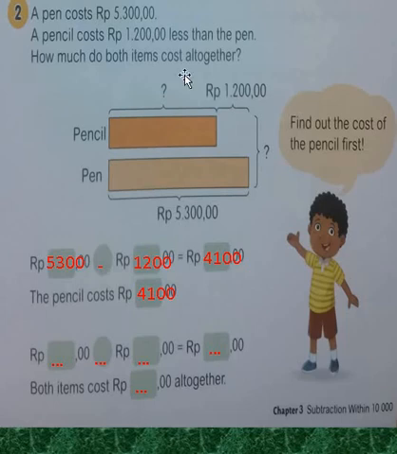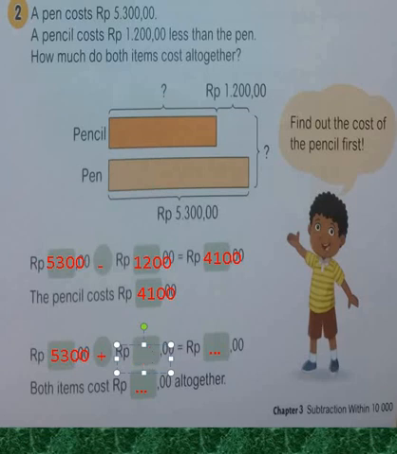Why? Because the question is how much do both items cost altogether. So what should we add? We add the price for the pen first. Before, you know, the price for the pen is 5,300 rupiah. Get it? What is the operation here? Because you find out the amount of all, means you put, yes, addition. It's not subtraction. Okay, next over here, we need to write down the cost of the pencil.